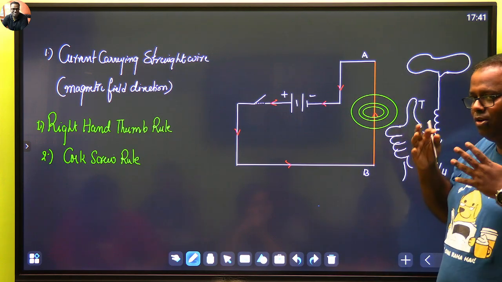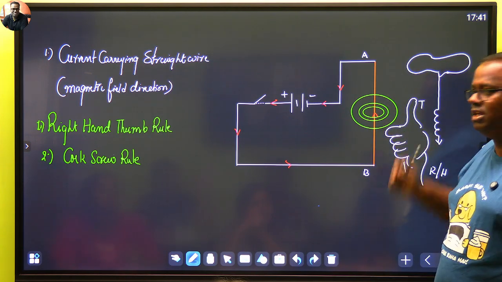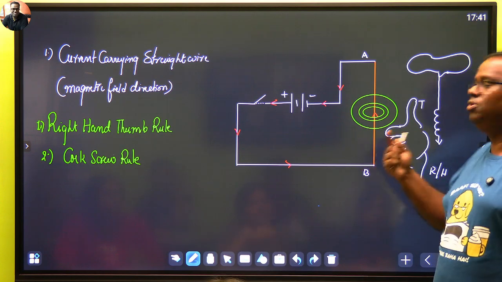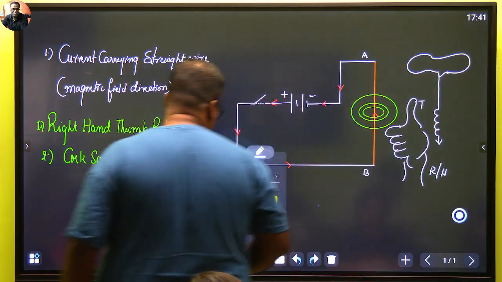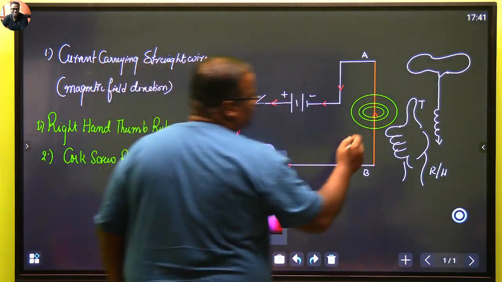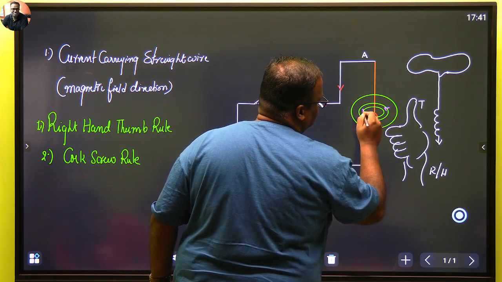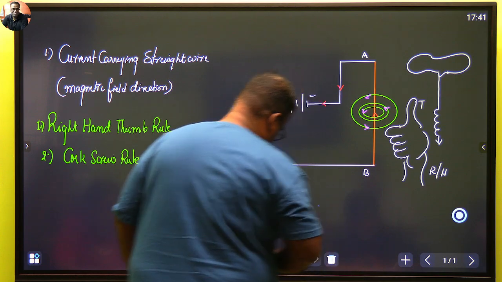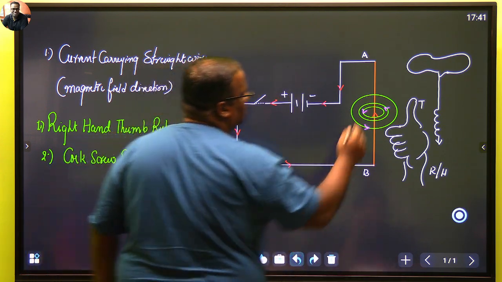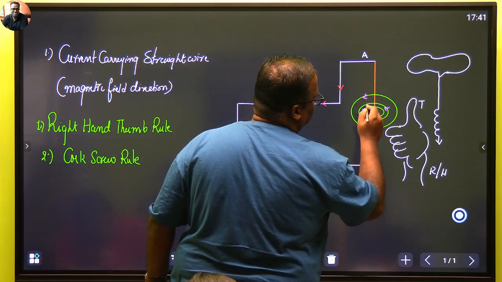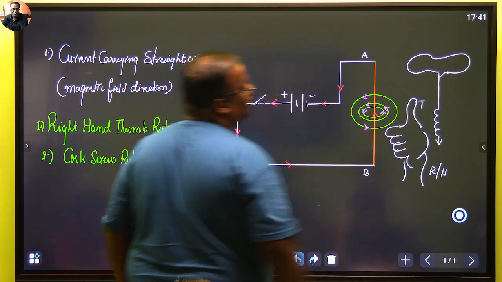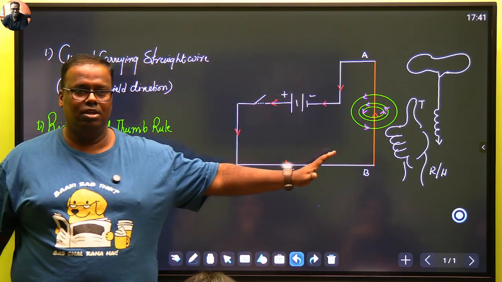Can you tell me in clock, anti-clock? आप खुद सोच के देखो, ये direction है. It was rotating anti-clockwise. Okay. So in my case, I would say that the magnetic field directions are all like this. Does it make you clear? Okay. It's like this. This is what we have to study.